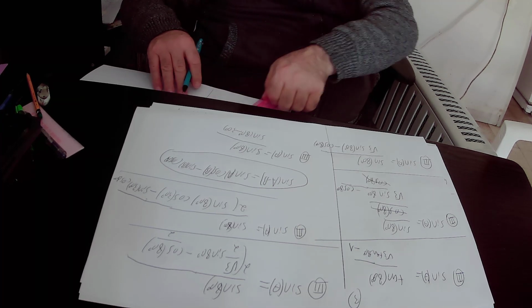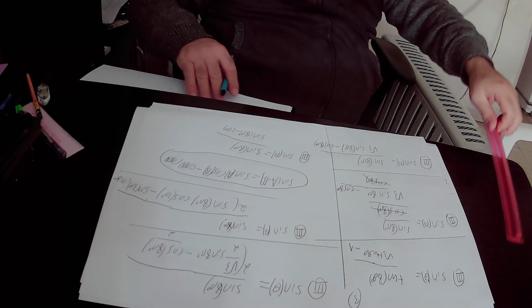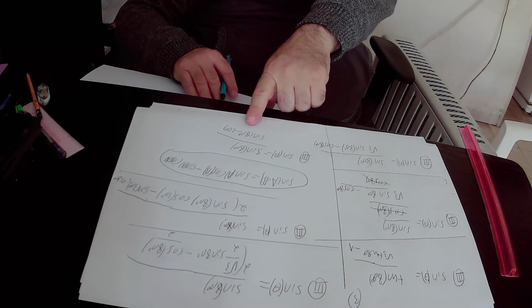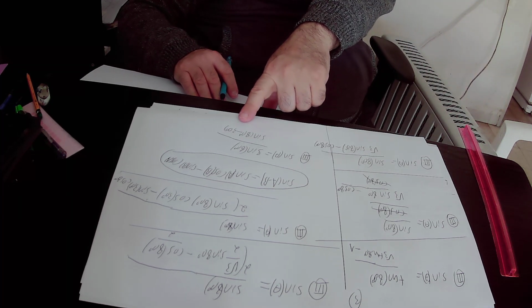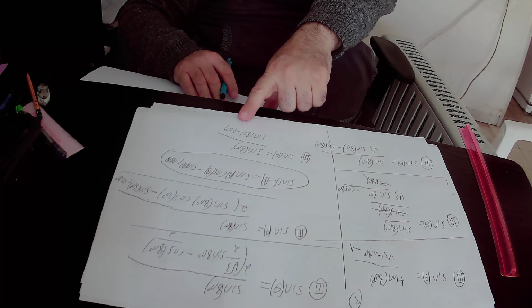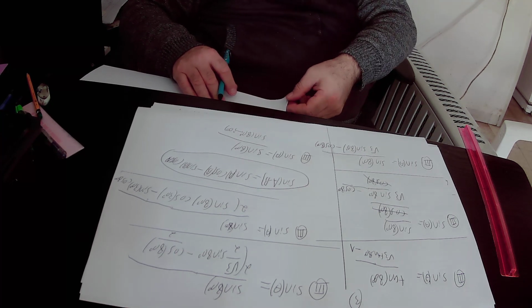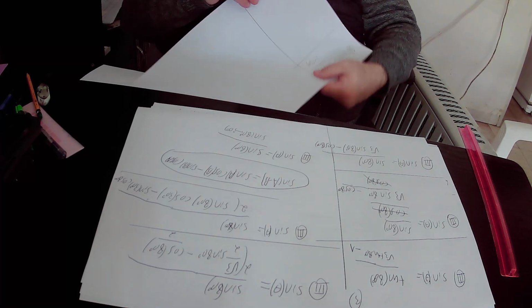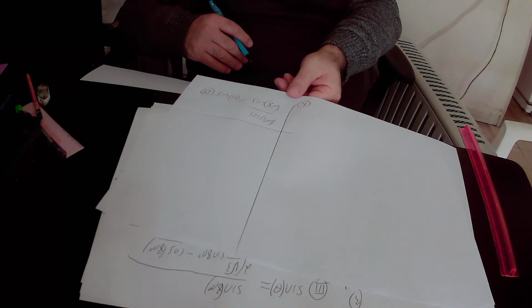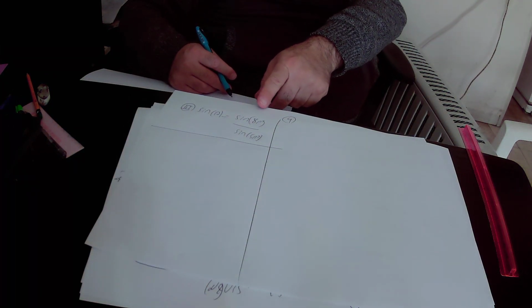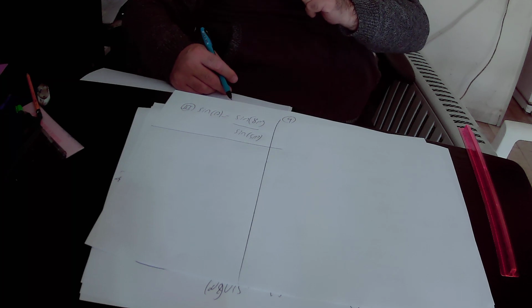So I'll repeat again: 80 degrees minus 30 degrees is 50 degrees. So we found that, according to equation number 3, sine theta equals sine 80 degrees over sine 50 degrees.